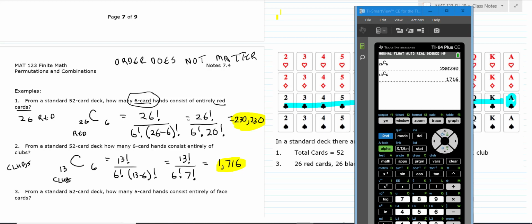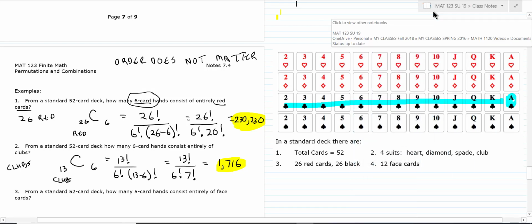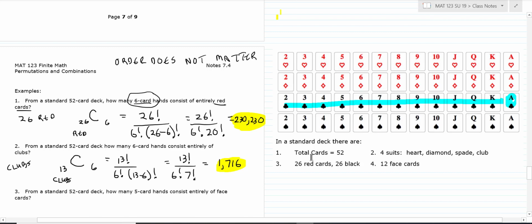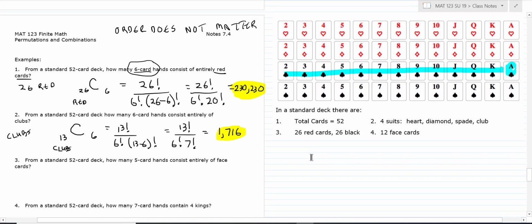If you get all clubs, that's called a flush. So there's a smaller number of possibilities on that, right? So that's how we figure out which poker hands are the most valuable, is based on how many possibilities there are and what the probabilities are. All right, so we got that.